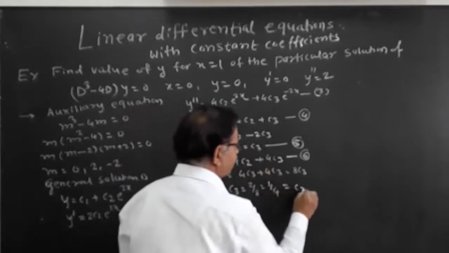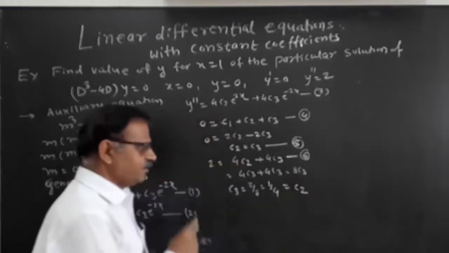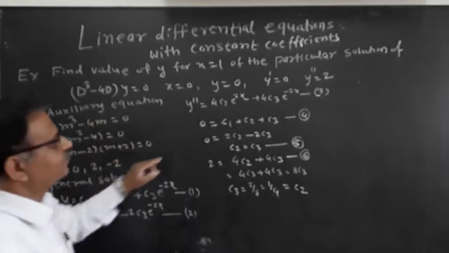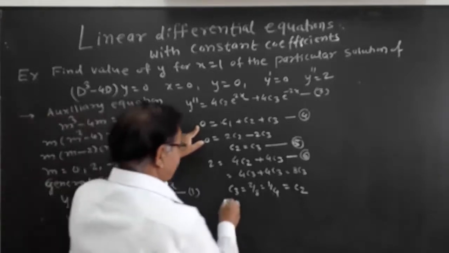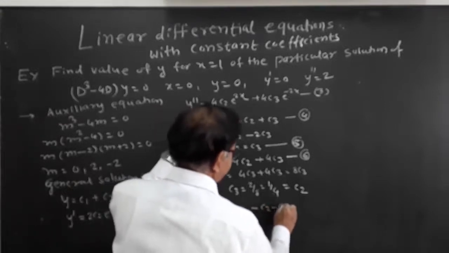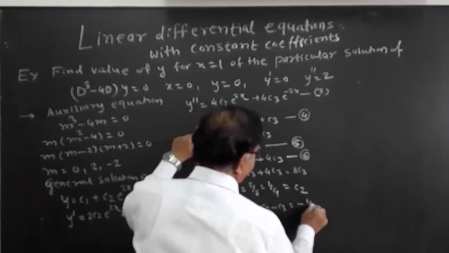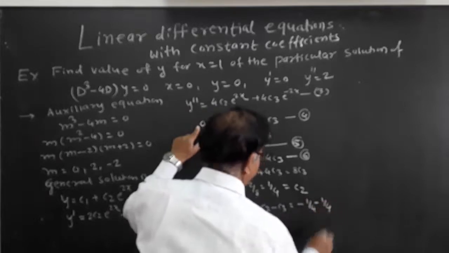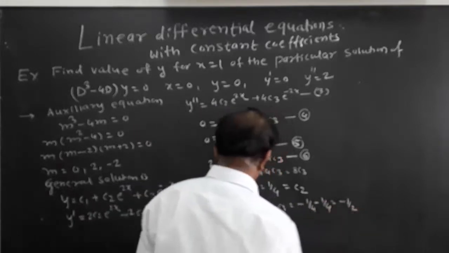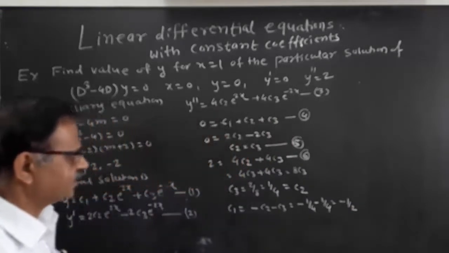Therefore, C2 is also 1 by 4. We can find C1 from equation 4: C1 equal to minus C2 minus C3 equal to minus 1 by 4 minus 1 by 4, which is nothing but minus 1 by 2. C1 is minus 1 by 2.